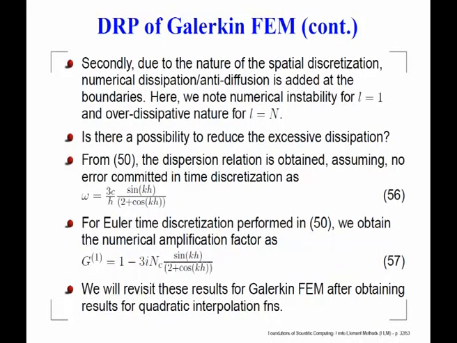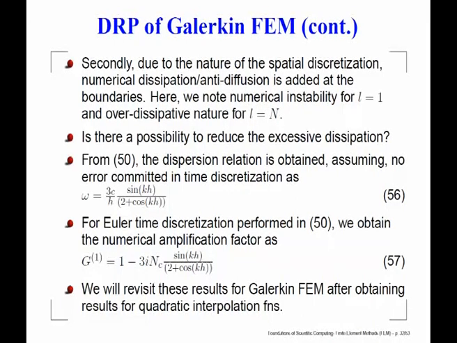So, du dt I will just simply write as I omega u hat, right. That means that omega is nothing but this factor, that is what we obtained in that expression 50. Okay. So, once you have the expression for omega, you can calculate the corresponding group velocity by taking d omega dk. But that would be somewhat artificial, because we are taking the time discretization to be exact. That is how we get it.